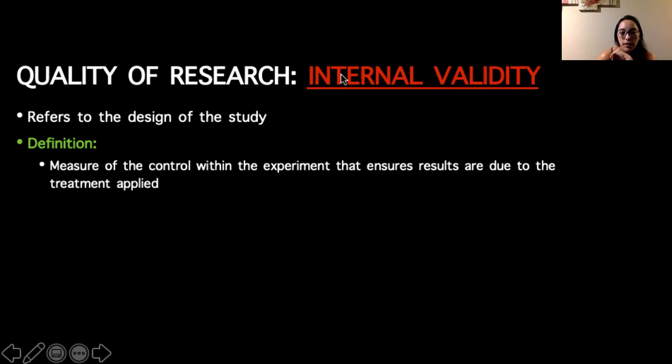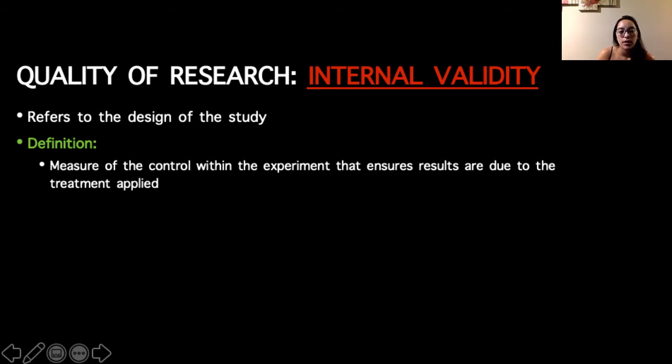So the first of the two is internal validity, which is majorly referring to the design of the study, so internal to the design, if you want to think about it that way. And the definition of it is the measure of the control within the experiment that ensures results are due to the treatment applied.